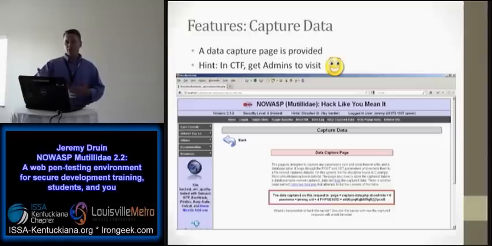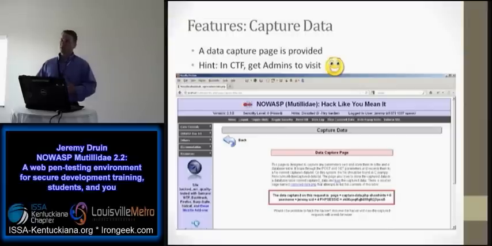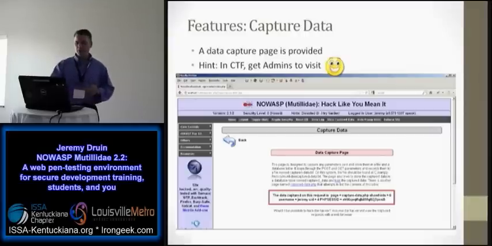So what I'm doing was adding a capture data page into Mutillidae itself. If you can get someone to visit this page, it'll automatically record their cookie, any post or get parameters that were sent in, and write those to a local file. Also, it'll write them down into the database, and it displays them on the page, as can be seen in the red box.